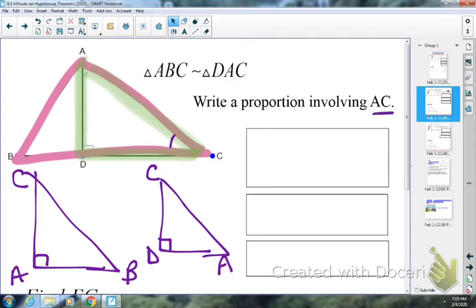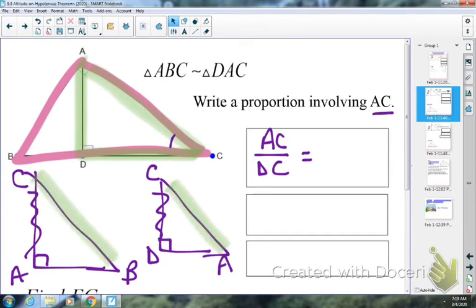Now it says to write a proportion involving AC. If we look at it, AC goes with DC. So here's AC and DC, and there's another ratio that involves AC. Notice AC and BC.